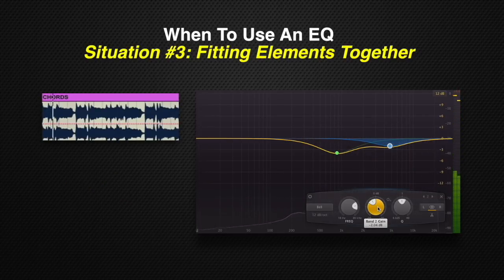And a gain of -2 decibels and a Q of 0.9 also gives clarity to the vocal while still retaining the power of the synth.